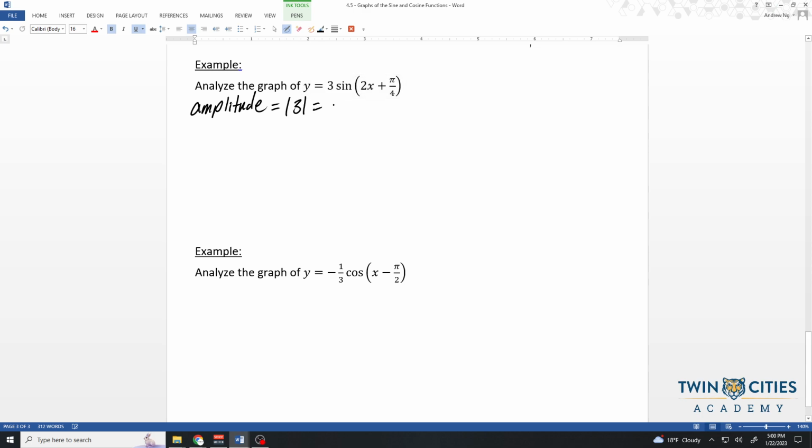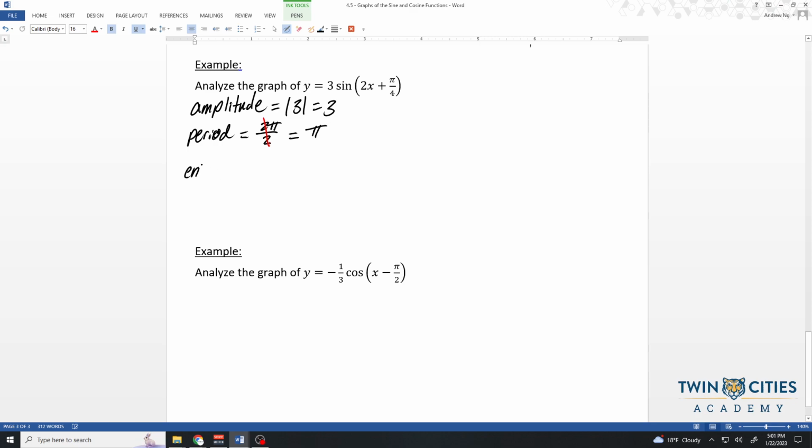Okay, well, that's just 3. What about the period? This is going to be 2 pi over this number right here. My b is 2. Well, 2's will divide out. So my period is pi.